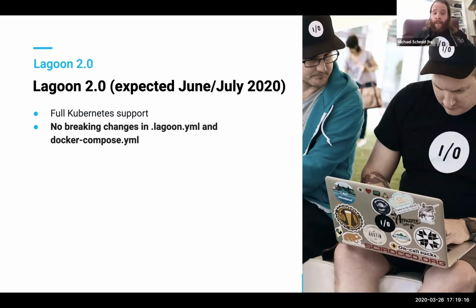Another very important thing, no breaking changes in Lagoon YAML and Docker Compose YAML. So this means if you currently have a project that is Lagoonized and is able to deploy with Lagoon 1, you don't need to change anything in your Git repository and in your code in order to deploy with Lagoon 2.0. There will, though, be some breaking changes in the API, hence version 2.0.